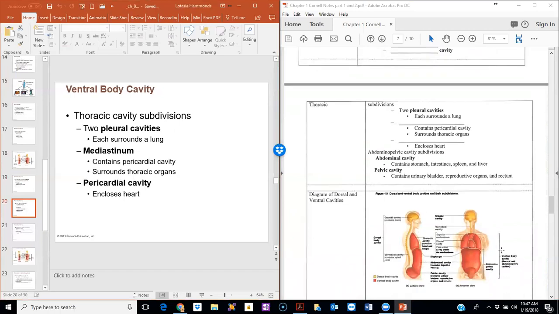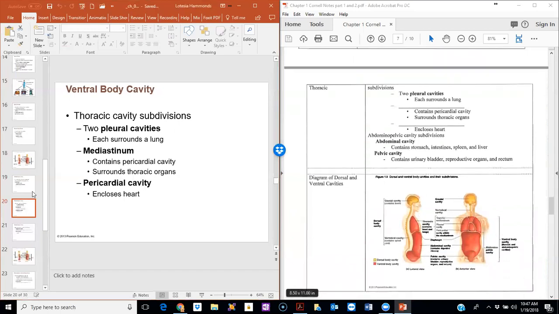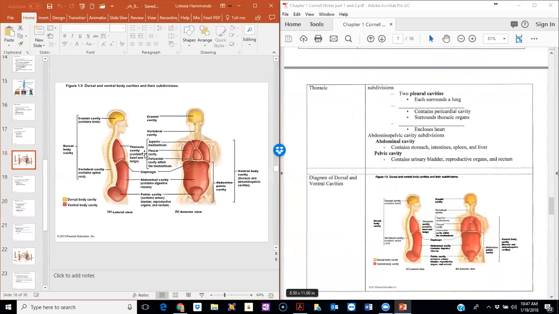I said that wrong. Let me go back to the diagram. My apologies, y'all gotta forgive me. Your mediastinum is right above. The pericardial is the one located right below, where your heart is located. So these are your pleural, each one holding a lung. The mediastinum is located right above, and then your pericardial.